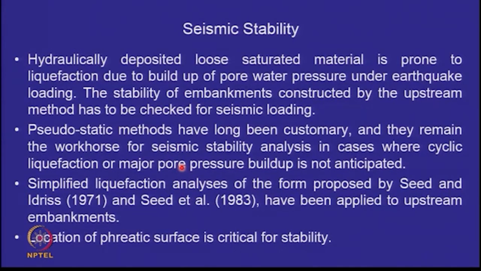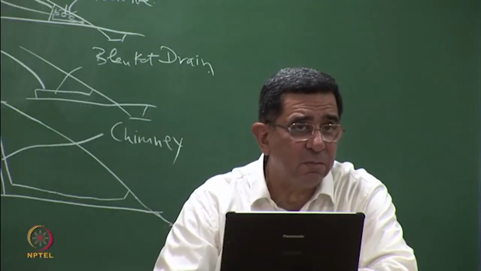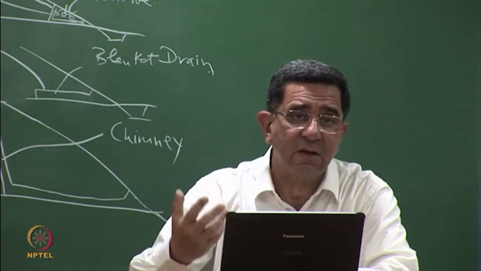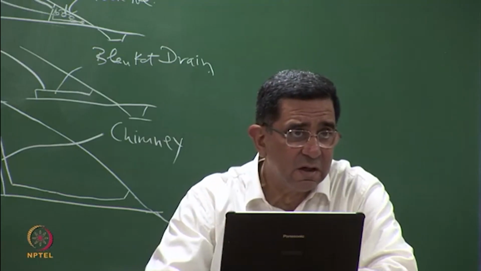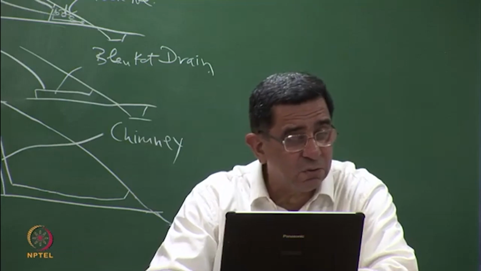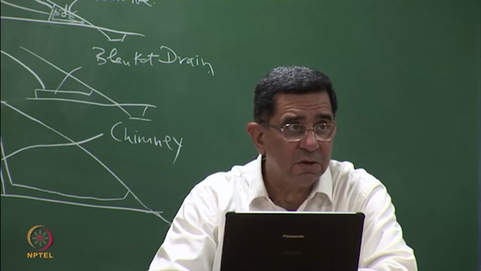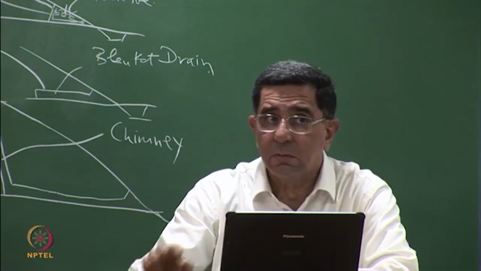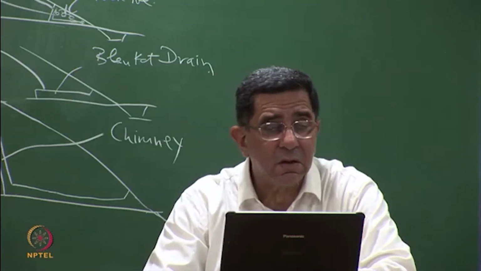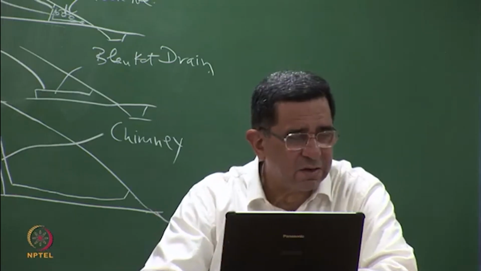Seismic stability, as I said, there are two issues here. One is the horizontal alpha H component, which you do for a pseudostatic analysis. So if you are in an earthquake prone area, you have to do pseudostatic analysis, and you have to get your stability values above the minimum acceptable factors of safety.